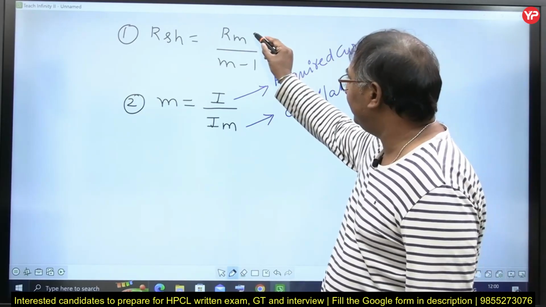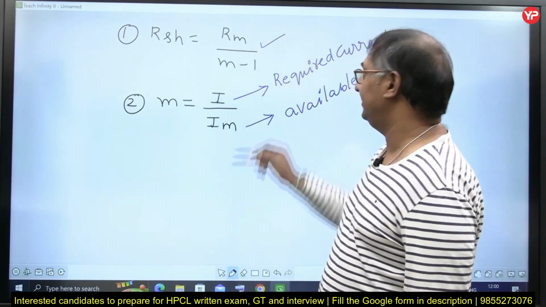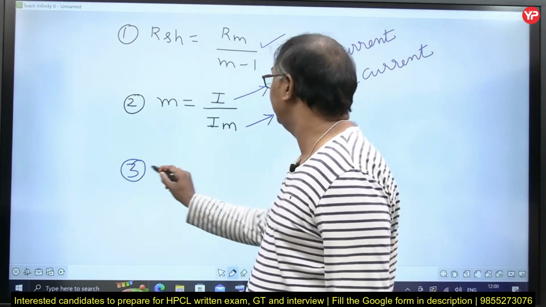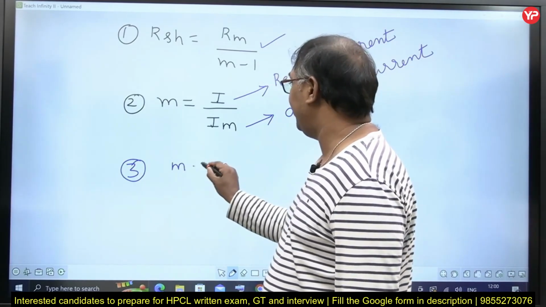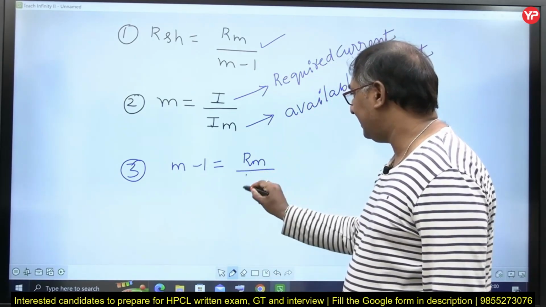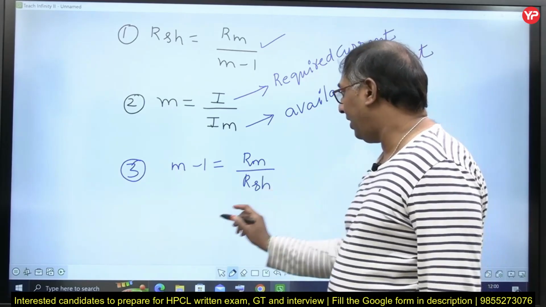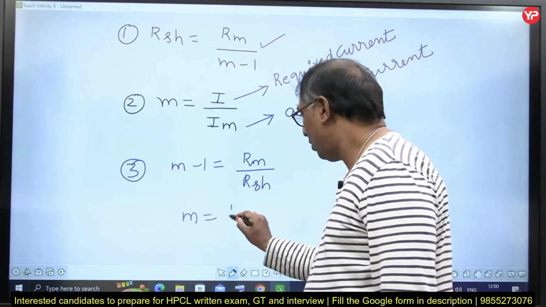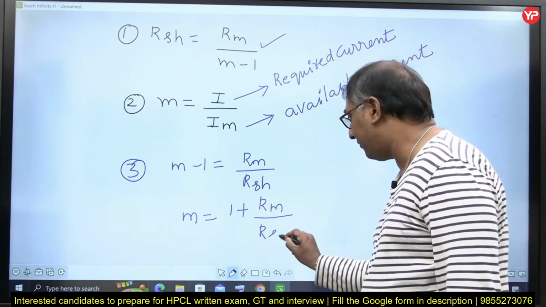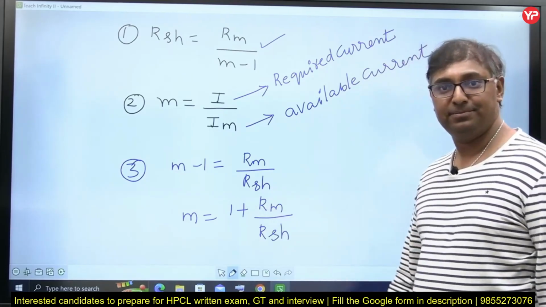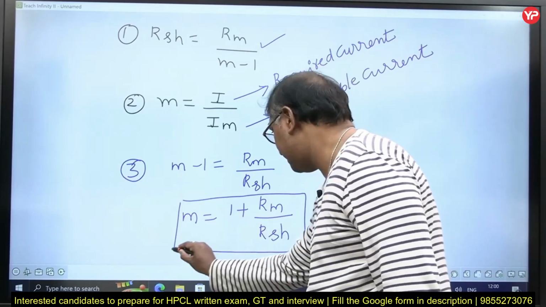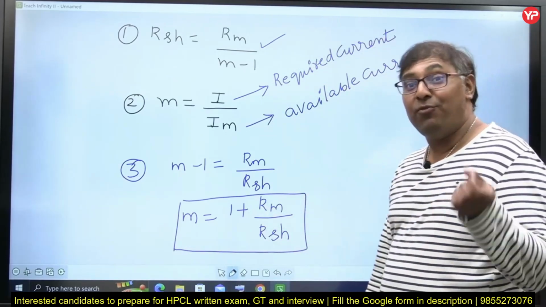Next, from the third formula, M minus 1 equals RM by RSH. What is M from this? M equals 1 plus RM by RSH. This question is asked many times in HPCL. How many formulas do you have for M?